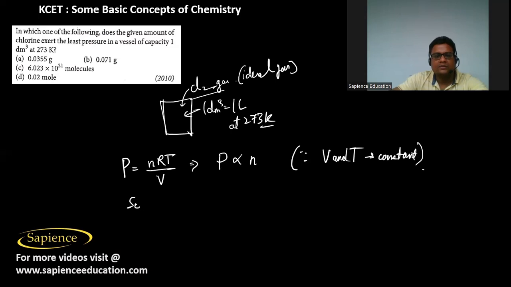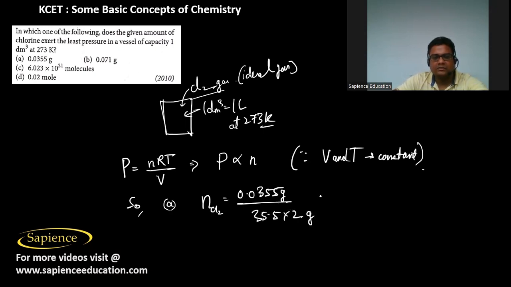Now for the first option, the number of moles of chlorine in the first case is the given mass, 0.0355 gram, divided by the molar mass, which is 35.5 into 2 gram, that is 71 grams.